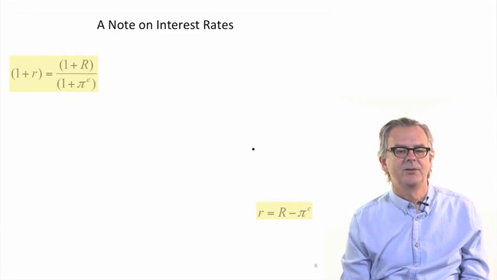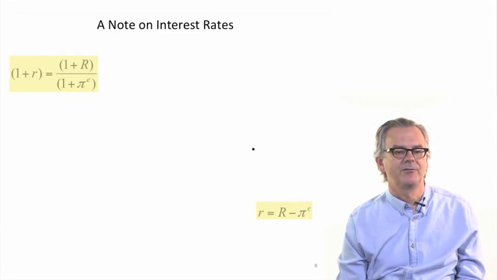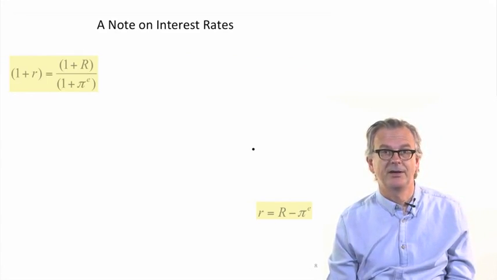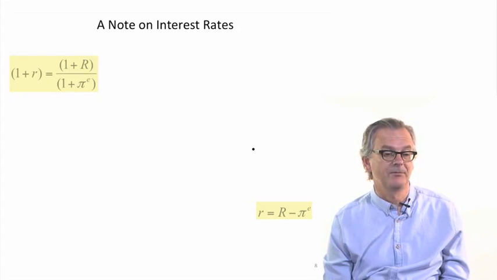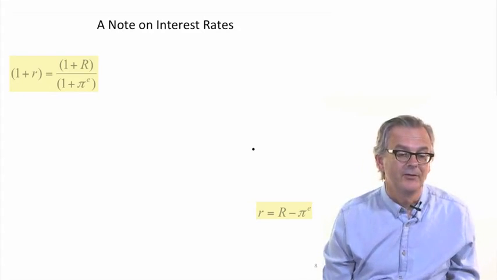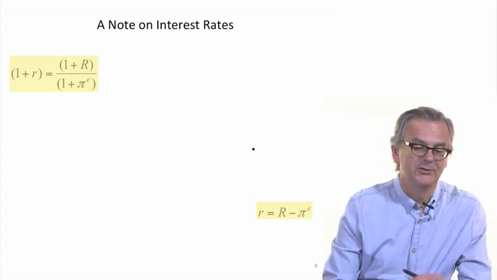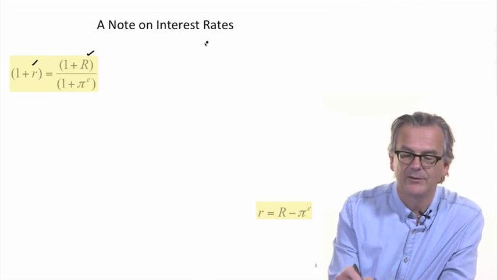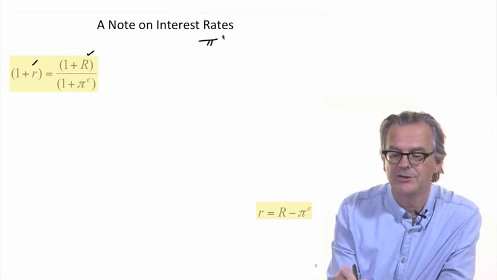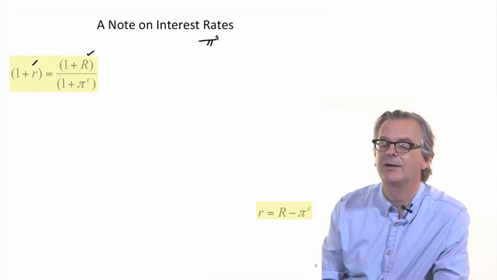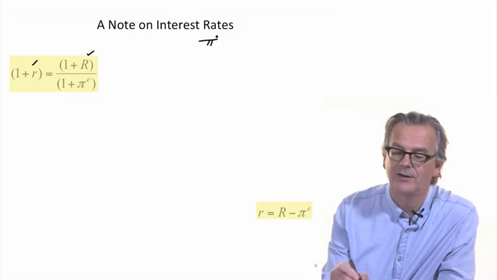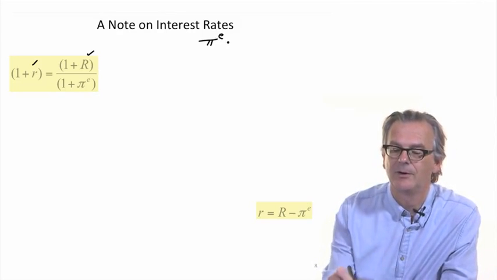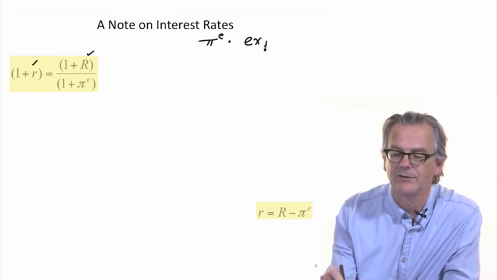So just a quick note on this. We're going to come back and use this finding in later lectures, so it's probably not a bad point to just clarify things. There is a formula that links all of these three terms, the real interest rate, the nominal interest rate, and the inflation rate. It's a convention in macroeconomics to use the Greek letter pi to represent the inflation rate, and pi with an E there represents the expected inflation rate.